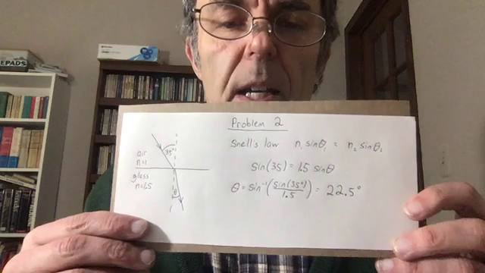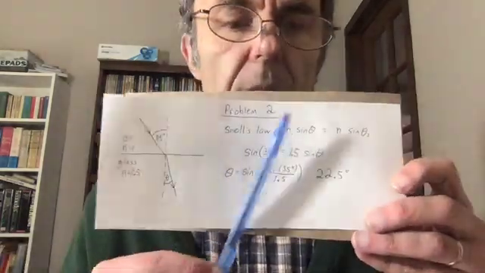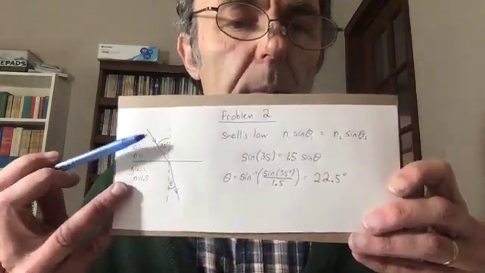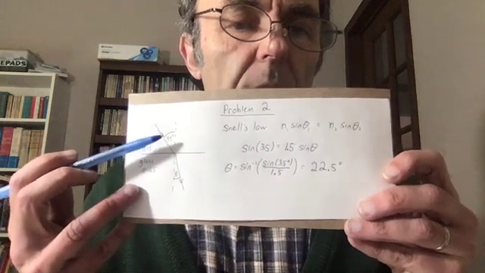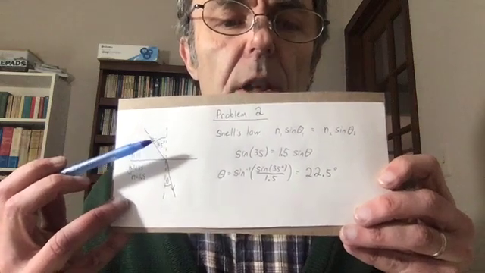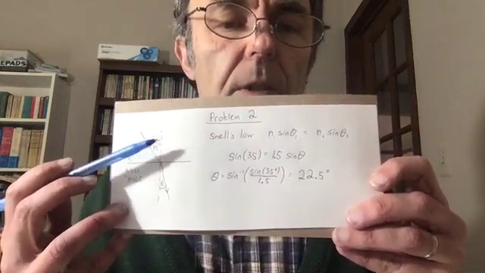Problem number 2 is a refraction problem. Okay, so we have over here, light coming from the air hitting a glass surface. Now remember, the light coming from the air is said to be 35 degrees. This angle is usually going to be specified relative to the normal direction or the perpendicular direction.